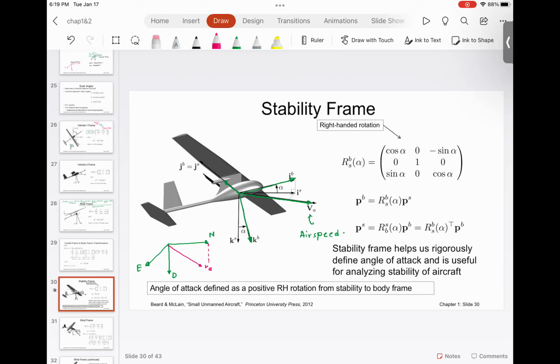Since it's a three-dimensional figure, it might be slightly difficult to visualize, but I want you to visualize that if this is north, if this is east, and if this is down, this VA is somewhere here.